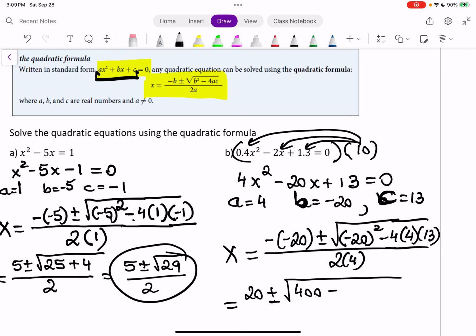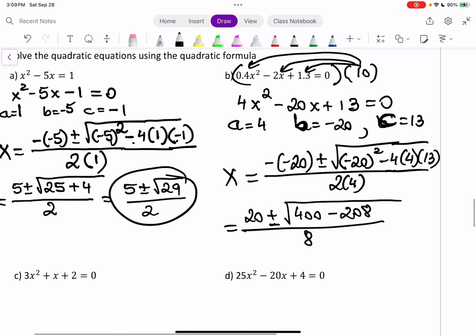Let's see, 16 times 13 is 208, over 8. Okay, so that's going to be 20 plus or minus the square root of 192 over 8. Now, these numbers still can be simplified.